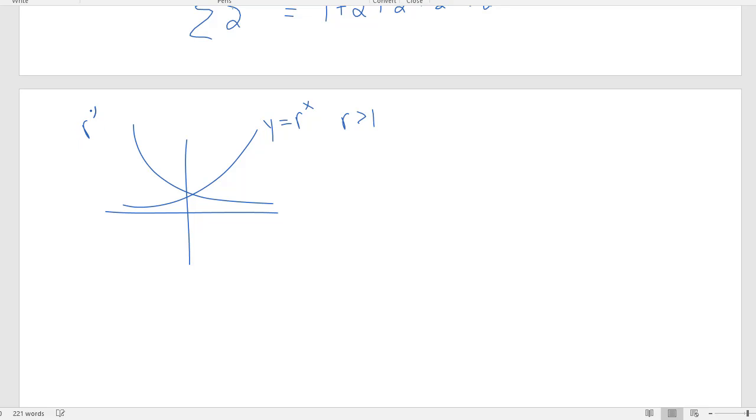So this was r to the x if r was between 0 and 1. So that went to 0. If my r value, my common ratio, is fractional, let's say between 0 and 1, then my terms are going to go to 0 and have a chance of converging. And if the common ratio is greater than 1, it is going to diverge.